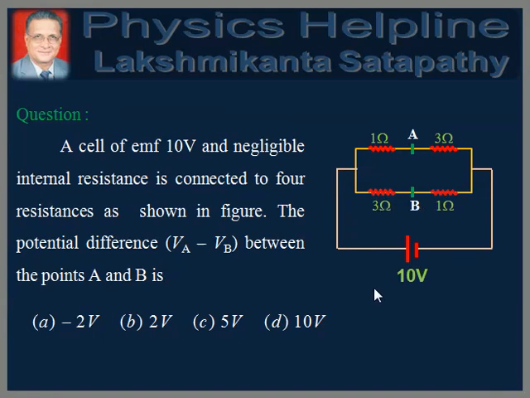This parallel combination is connected across a cell of EMF 10 volts and negligible internal resistance. We are required to find the potential difference between points A and B of the network.